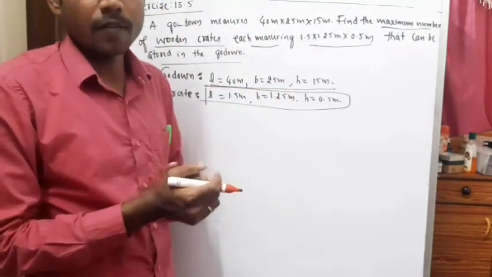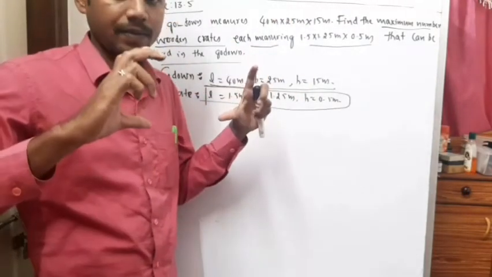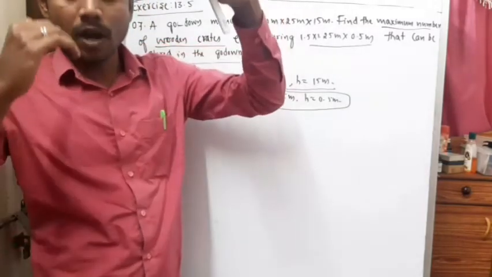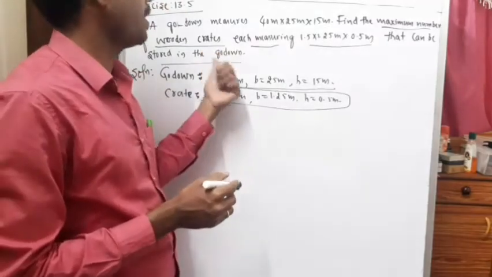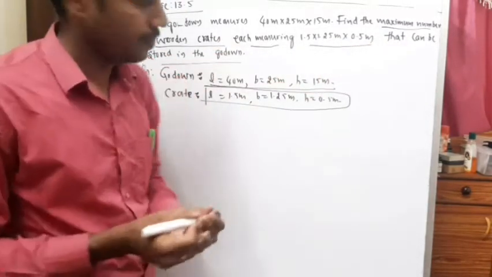Yes or no? First find the volume of the godown, then find the volume of each crate. The volume of the godown divided by the volume of the crate will give the maximum crates that can be accommodated or stored in the godown.